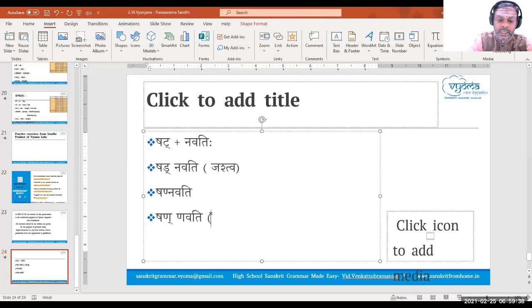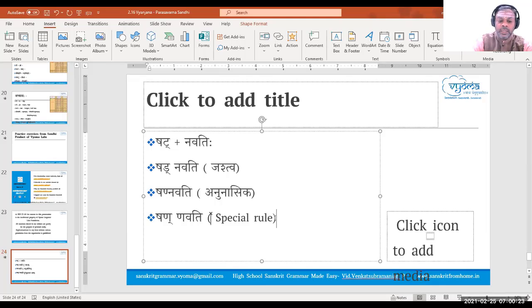So this is a special rule that we have not studied in Shtutva, but what we can remember is the word Navati should be there in the right hand side. Then the Nakara of Navati gets replaced by Nakara. But on the left hand side, the rule is following: first Jastva happens and then Anunasika Sandhi happens, and then with the help of a special rule under Shtutva, this Navati becomes Navati.